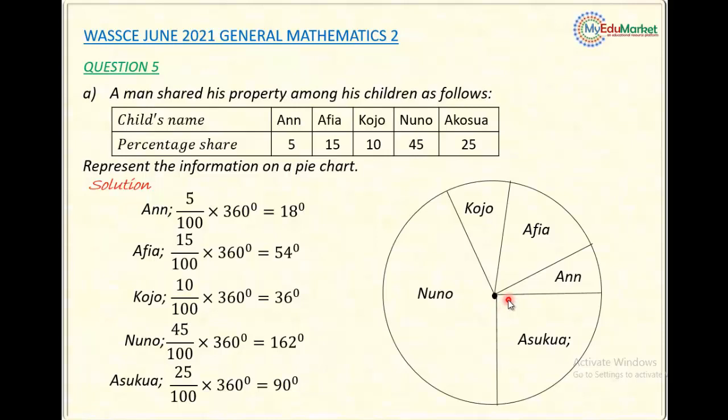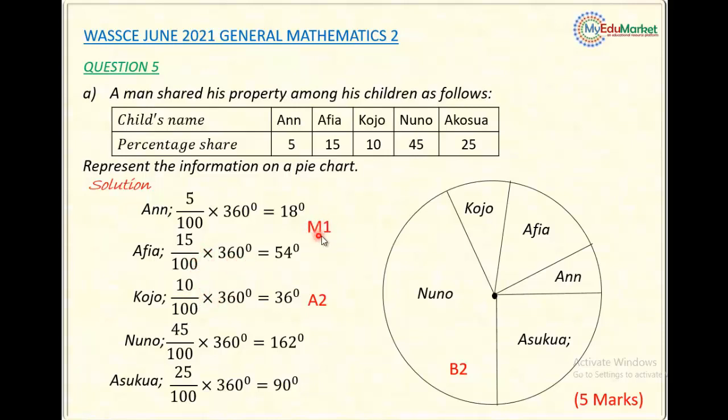So the marking scheme according to WAEC for this very question, the mark distribution is as follows. You have one method mark for attempting to calculate the angles correctly, meaning 5 over 100 times 360, or 15 over 100 times 360, or this accurately.